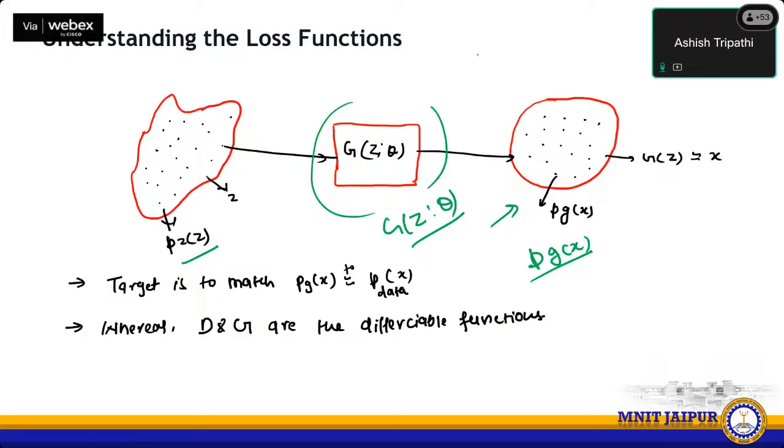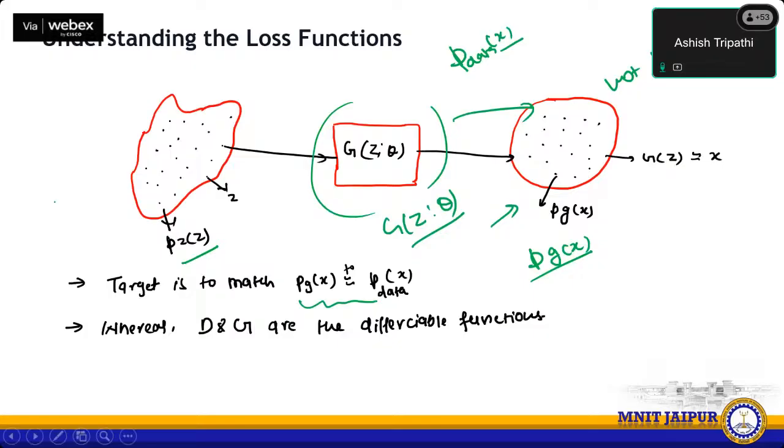So what was P data of x? It was the probability distribution of the data, and this is not the real data; rather, it is the generated data, or the probability distribution given by the generator network. And the target is quite clear.